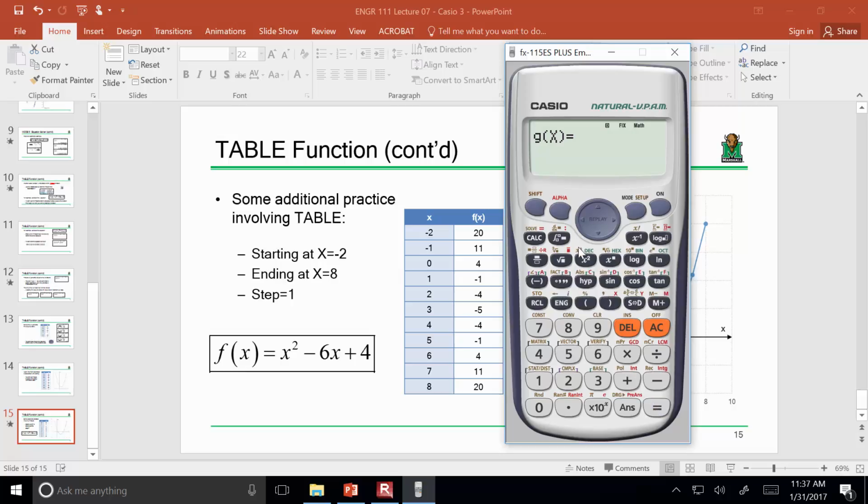We'll do x squared minus 2x plus 2. We've seen both of these data sets before. The starting range, we'll do it from minus 2 to 8. So start minus 2 and 8, and we'll do steps of 1.